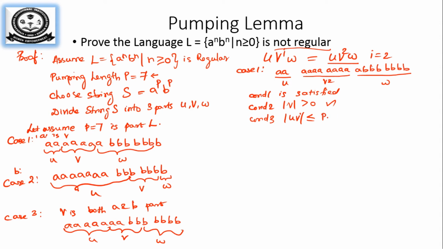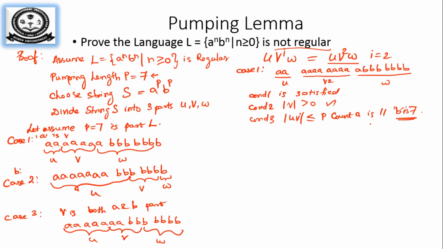So you can see the count of A's in this string: it is 7 A's plus 4, so A is 11, and B is 7. The total length of B is 7.